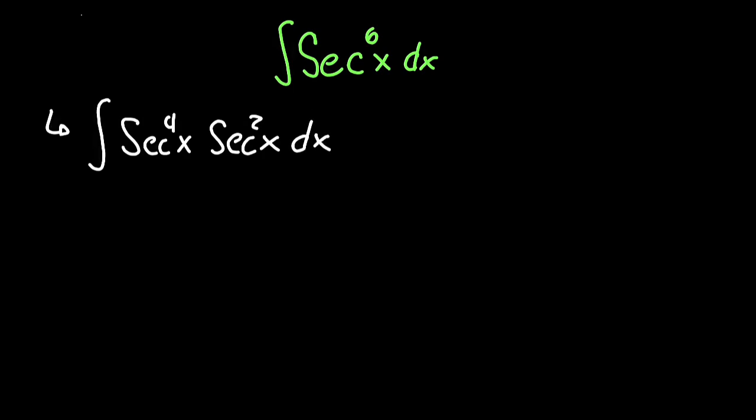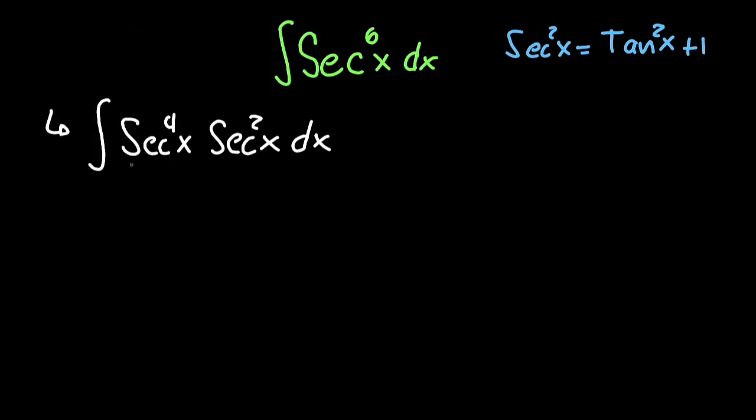The next step is to transform the remaining terms using a trigonometric identity, wherein secant squared of x is equal to tangent squared of x plus 1.